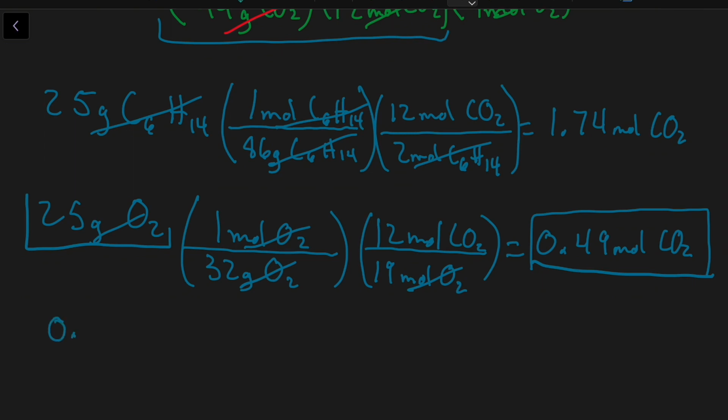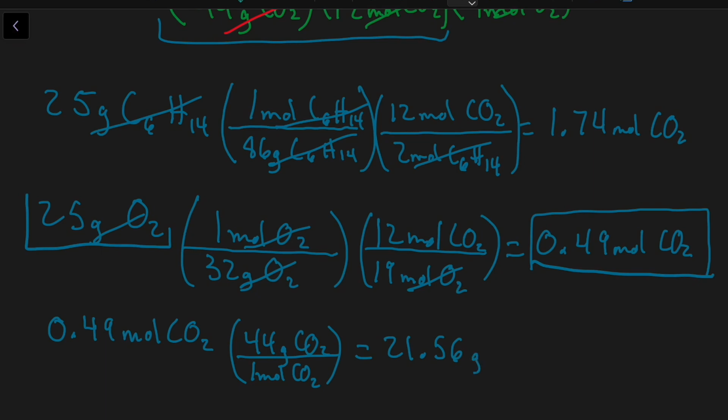So using 0.49 moles of CO2 and using the molar mass of CO2, we'll change this into grams, right? So 1 mole of CO2 has 44 grams of CO2. So you'll finally get 21.56 grams of CO2, right?